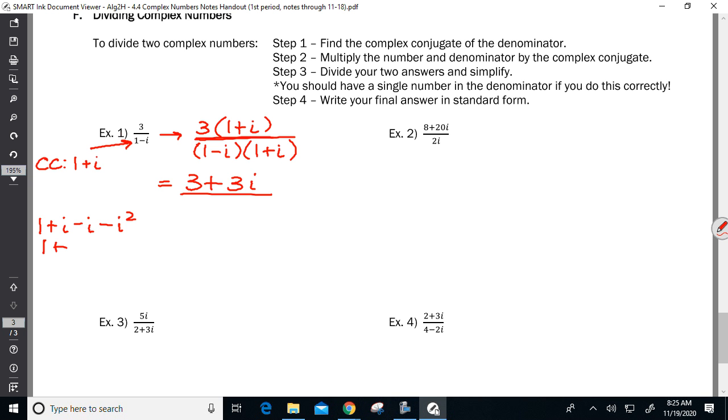Let's see, 1 plus 1, negative 1 times negative 1 is 1, so that's 2. So you get 2. If you did it correctly, the denominator should just be a single number.